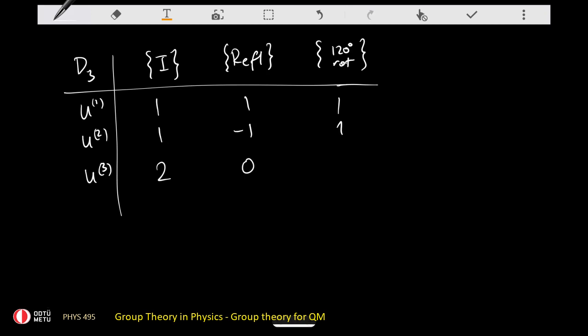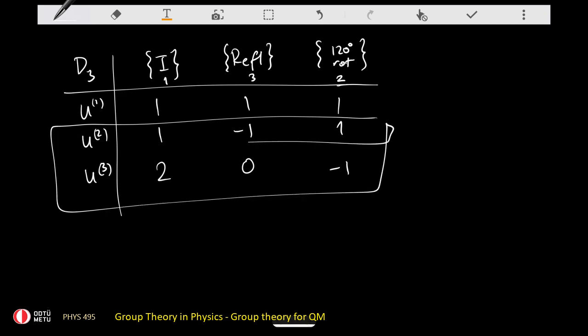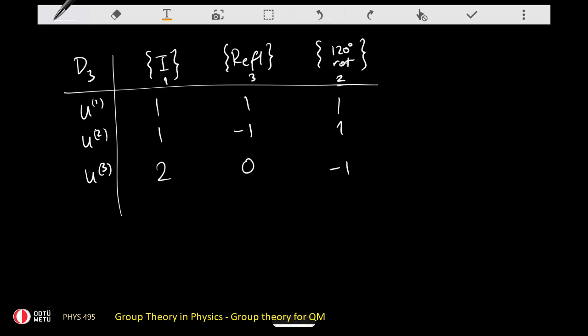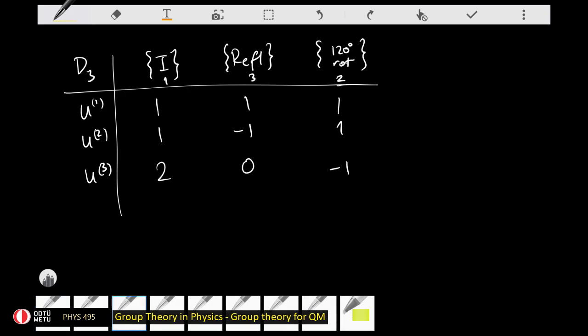And the third one has this, I think, let me check this. So we have one element in here, 3 elements from reflections, and 2 rotations. Let's see. These 2 rows should be orthogonal to each other. What I do is, let's say it like this.